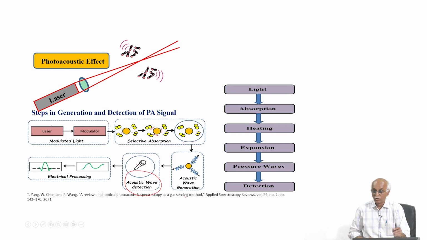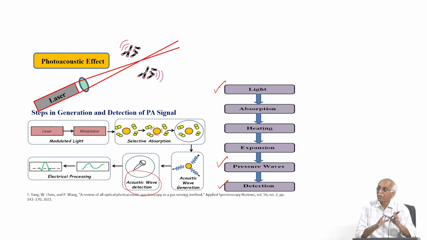So, indirectly we are using light, but we are not capturing the absorption through light intensity measurement; we are capturing the absorption through pressure waves or acoustic signals, and detecting the acoustic signal to correlate it with the density or concentration of molecules. This effect has the advantage regarding background noise.